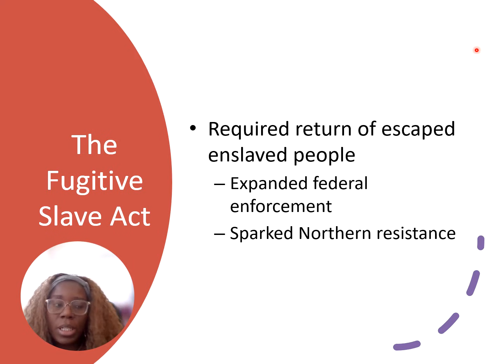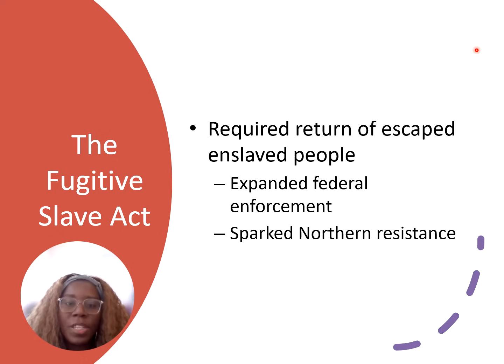If I was a Black person living in California or Maine or Illinois, this law allowed local citizens and local political authority, the police force, to snatch these people up and bring them back to the South. So you can imagine how this created tension and conflict, because essentially people who were free were forced into slavery. Okay?